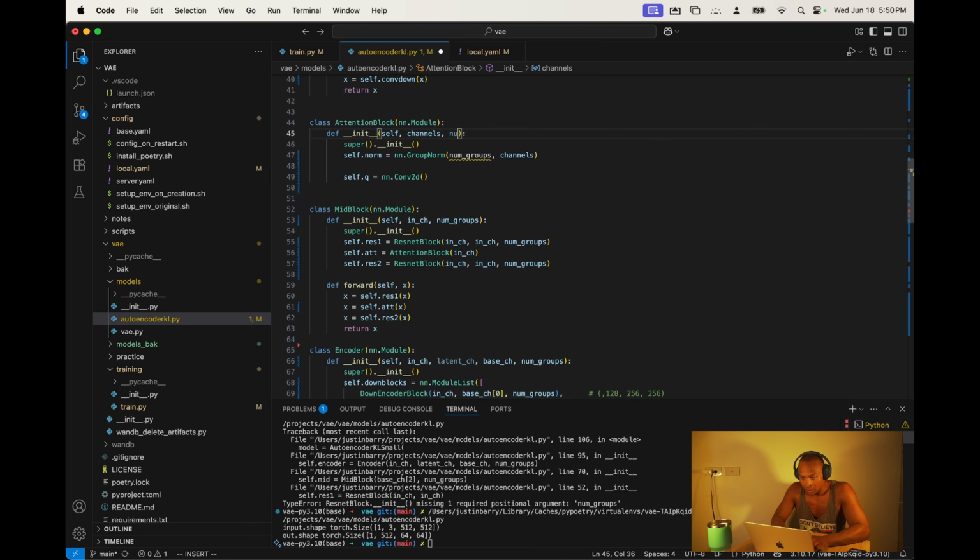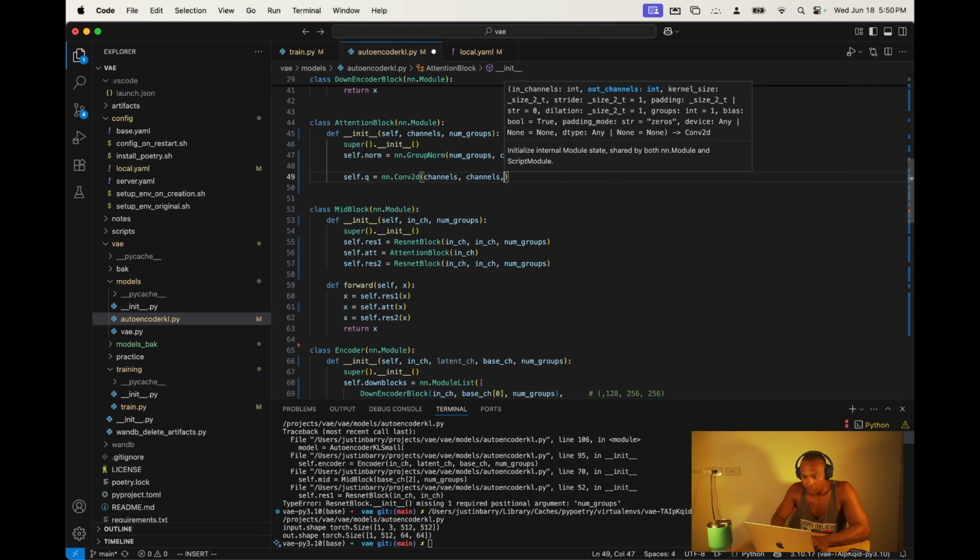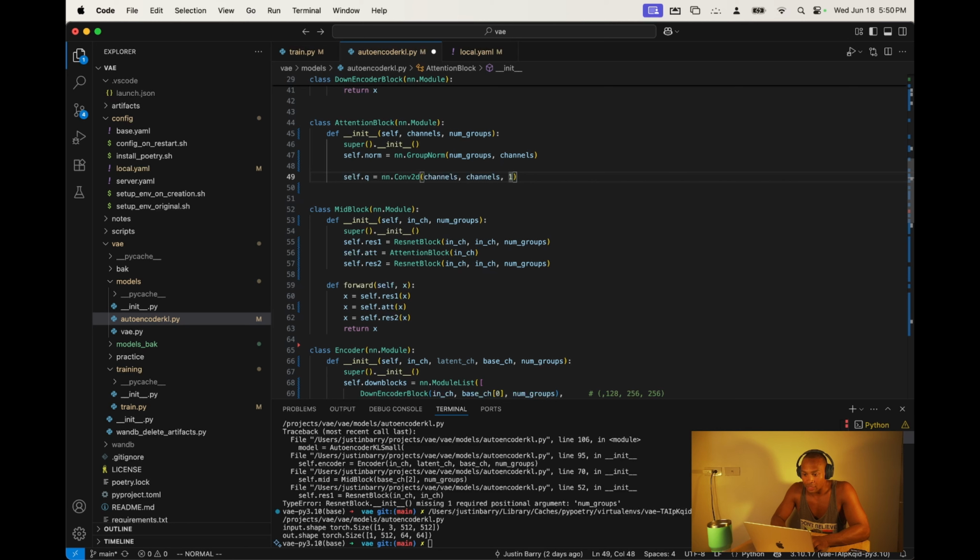Oh wait, yeah, groups. I don't know why I cannot spell the word groups. Every single time. Anyways. Channels. So it's just a kernel size of 1. So you're just projecting. Q is a learnable projection, right?